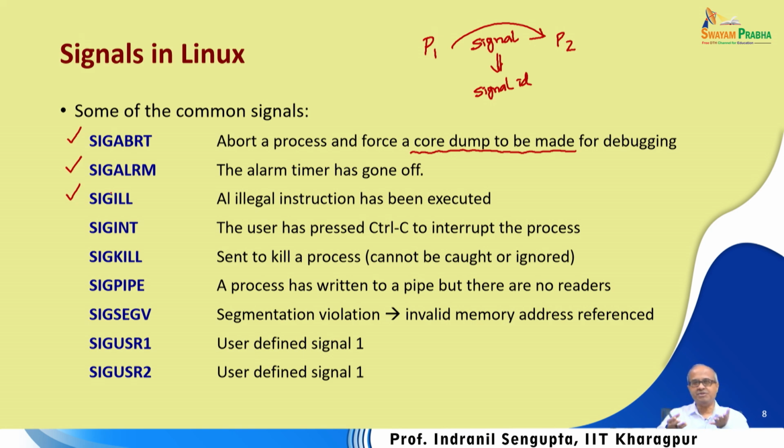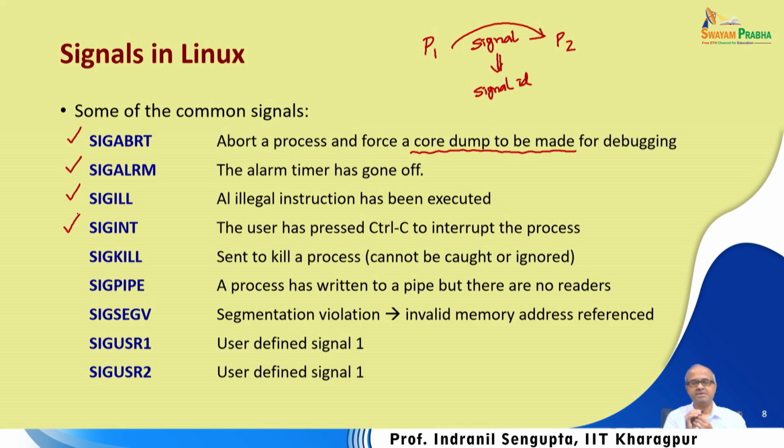Sometimes the program is running on the terminal, and somehow it is not coming out. We can forcibly stop it by pressing Ctrl C on the keyboard. If you press Ctrl C, then a SIGINT signal gets generated and sent to that process, and that SIGINT signal will interrupt that process and stop it.